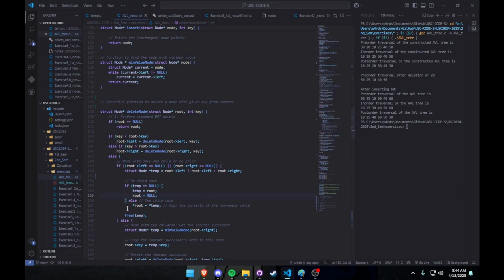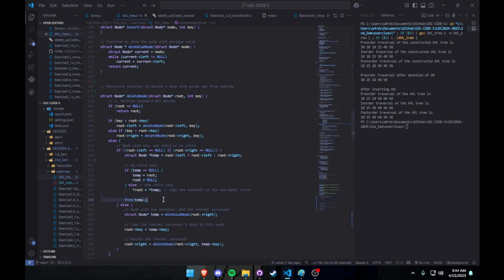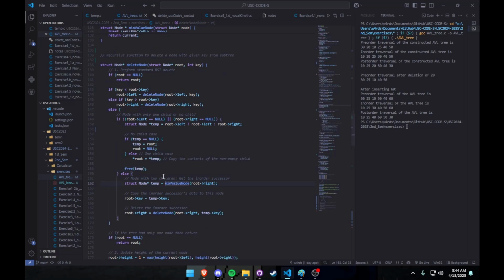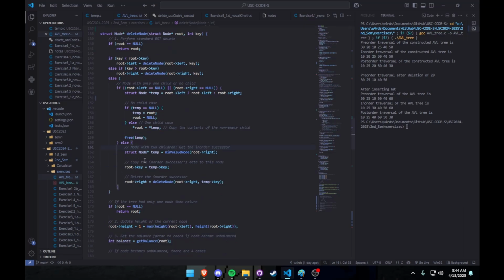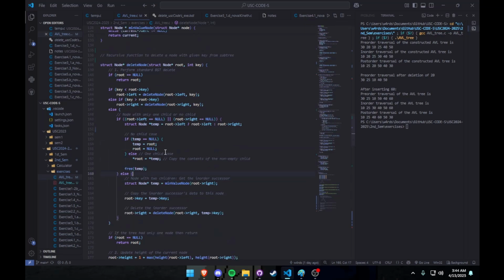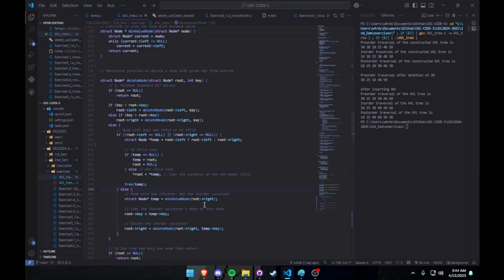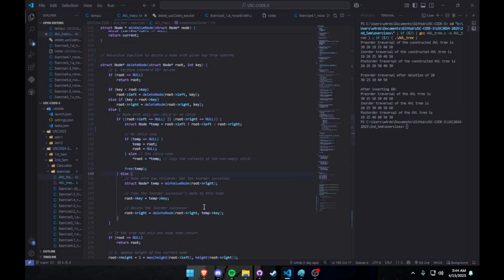Else, one child case, and then free temp, because temp right now holds the root and you want to basically erase it. Basically the same as how you would get rid of it in a BST, a binary tree.